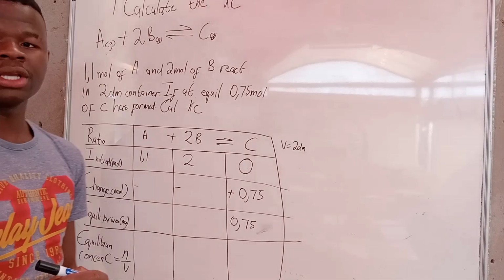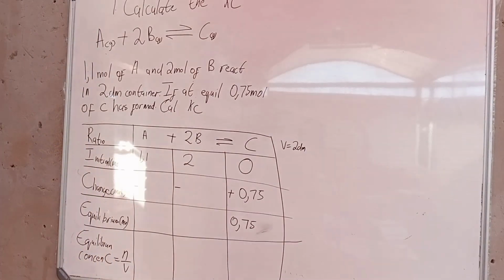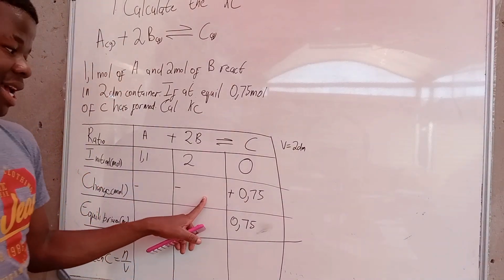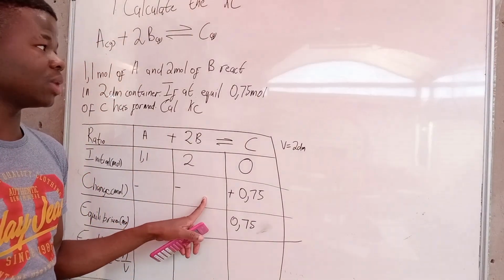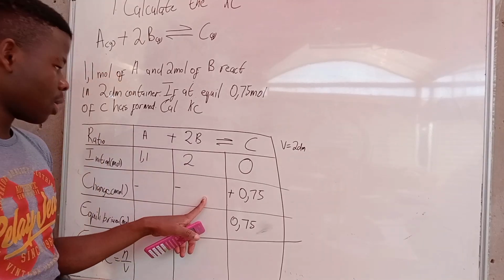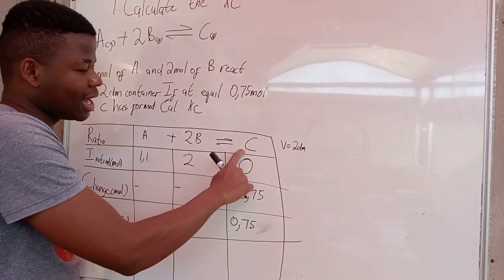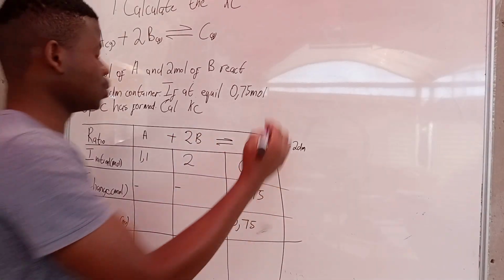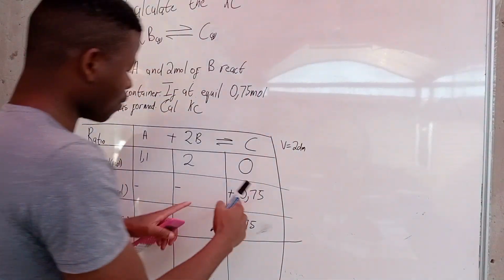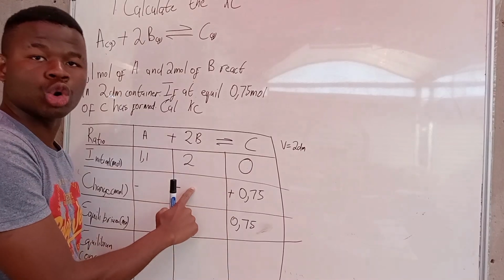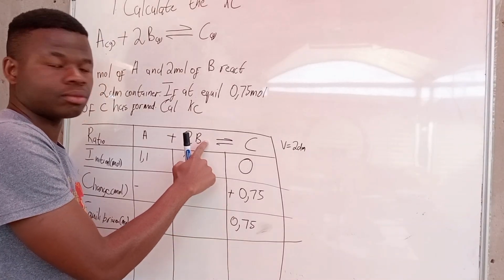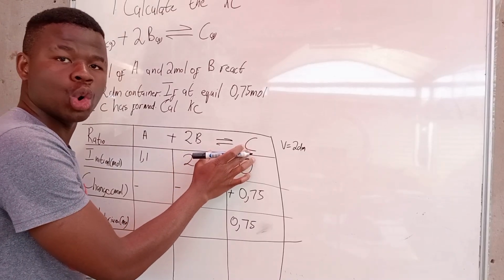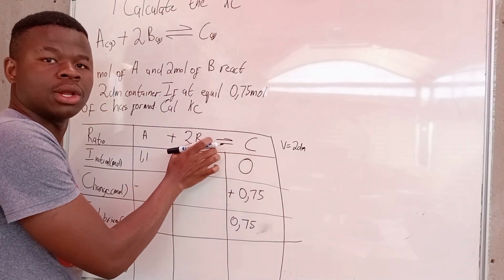Now let me go get my calculator. For you to understand this, you'll have to understand the ratios between 2B and C. Let me show you how. To get the number of moles for 2B, I'll have to compare the given mole with the unknown mole.